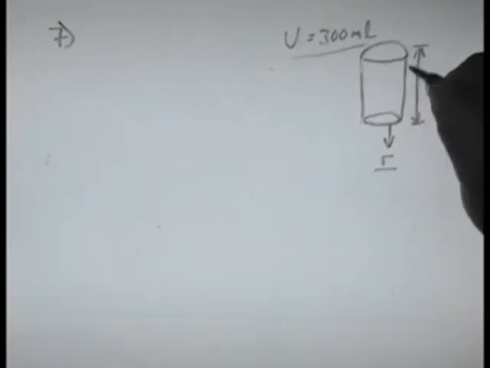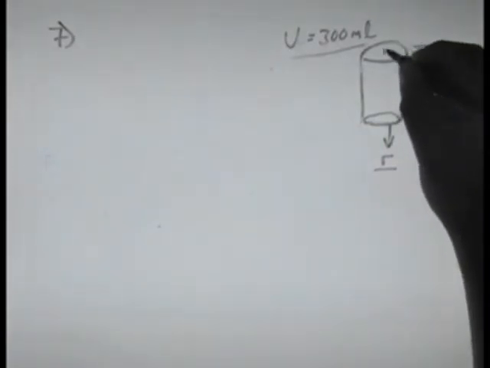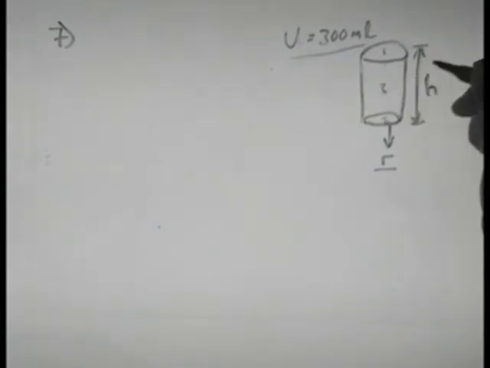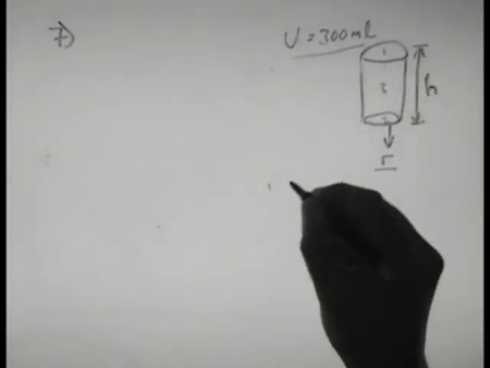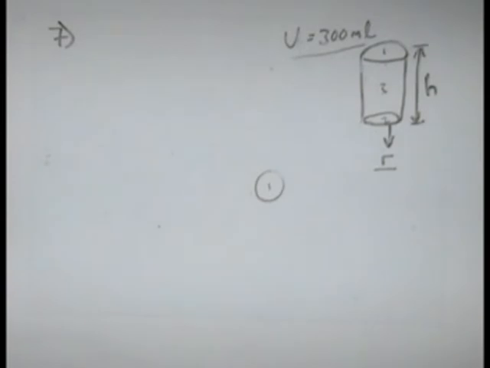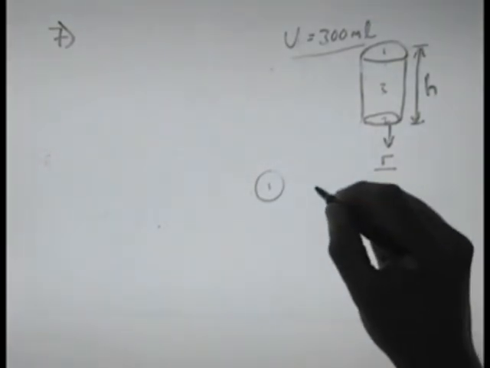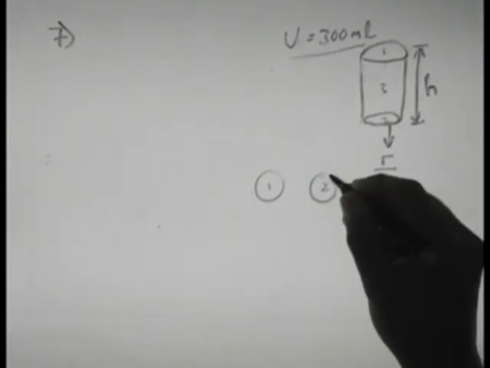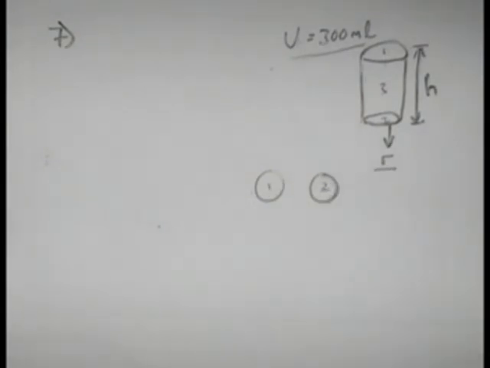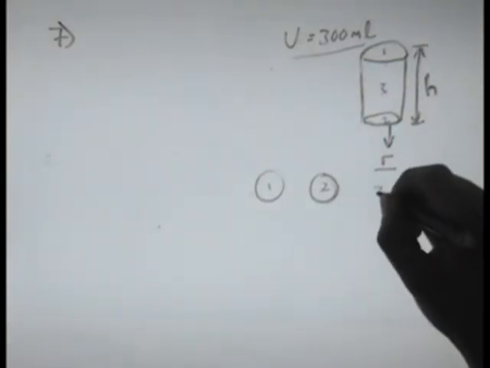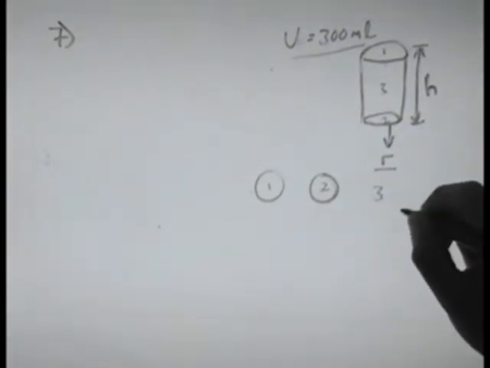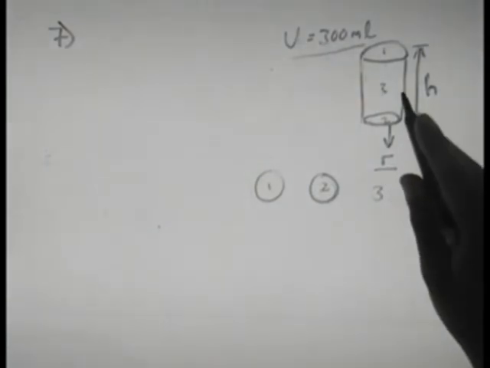In this case, there are three surface areas. I'm going to call them 1, 2, and 3. The first surface area is the lid, which will just be the area of a circle. The second surface area again is the same type of circle, same size, hence same area. The third shape, most people think of as being something that's round.